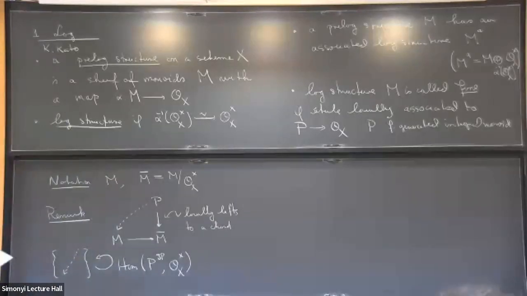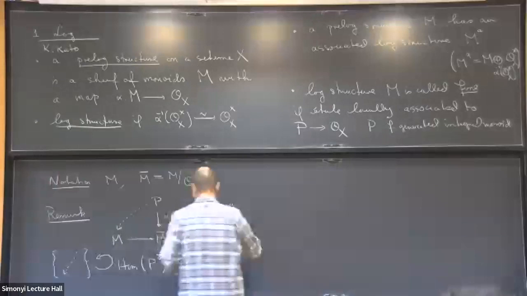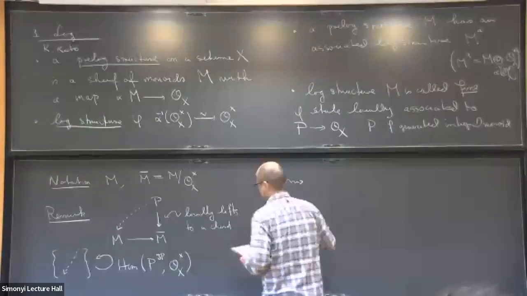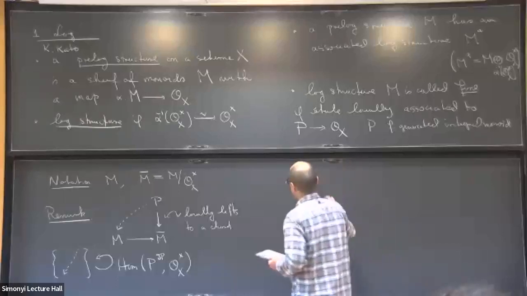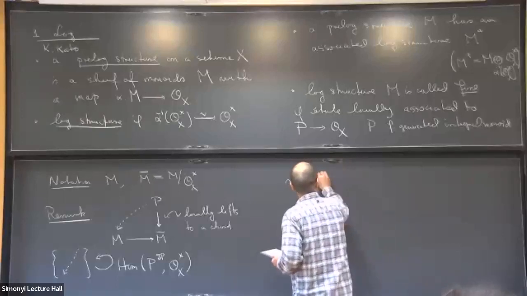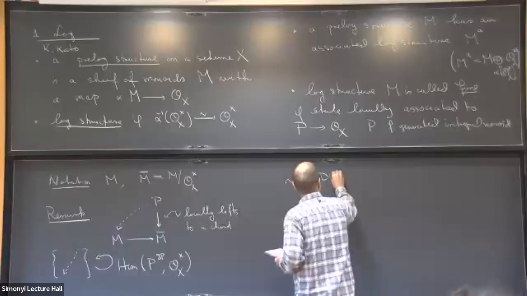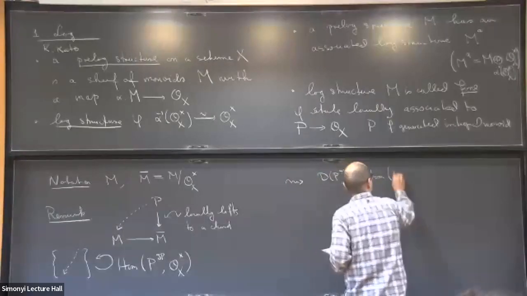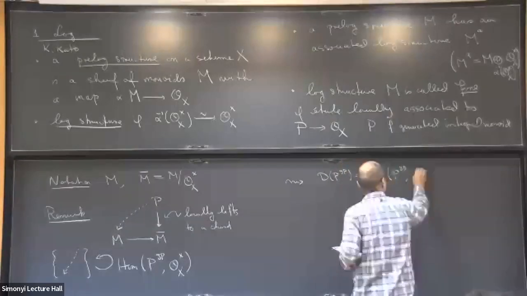And from this, you see that a picture like this gives you a P group dual G_m torsor.